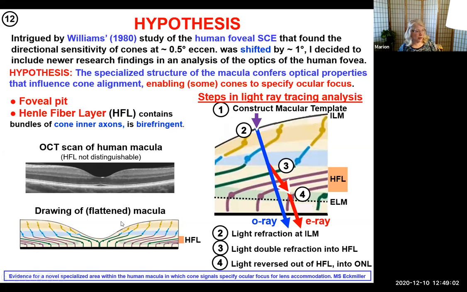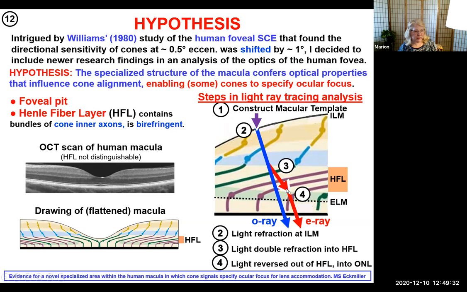So here is a drawing of the flattened macula. And again, the Henle fiber layer is shown down here. So the steps in the light tracing analysis that I made were: 1, to construct a macular template; 2, to calculate light refraction at the inner limiting membrane; and 3, to calculate light double refraction as it enters the HFL.